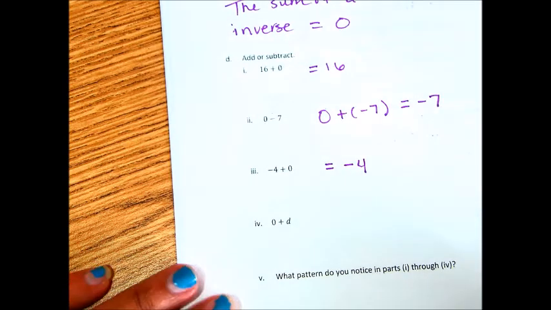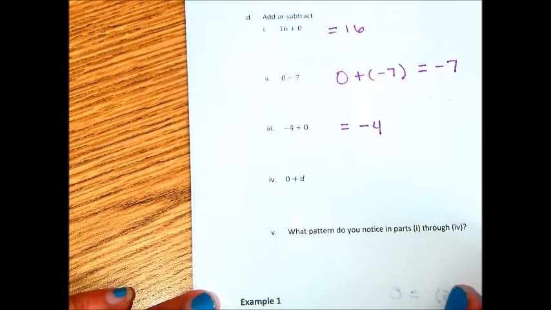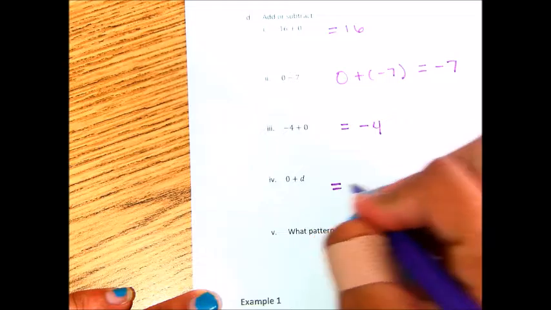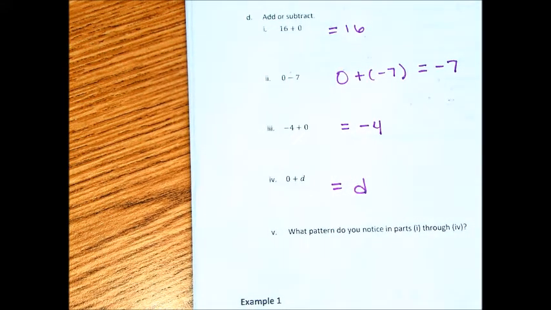Negative 4. 0 plus D. What will my final answer be? D. If I have nothing to add to D, then my answer is going to be D. What do you notice in parts I through IV?